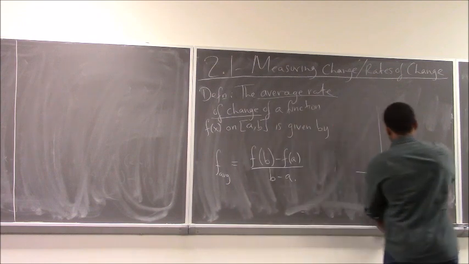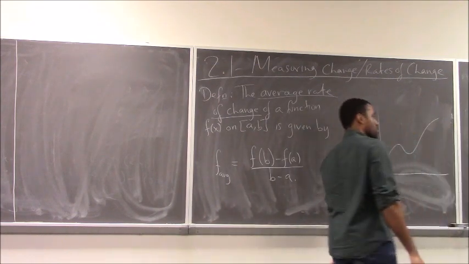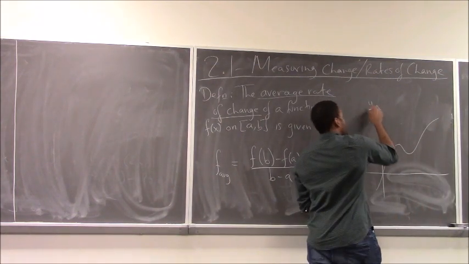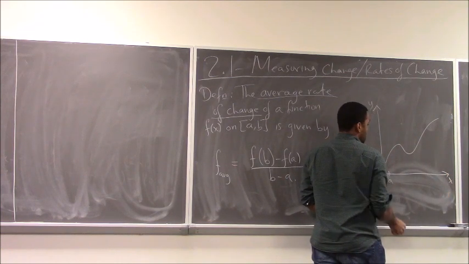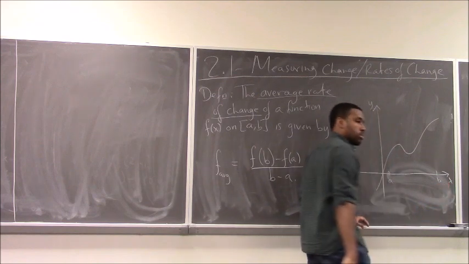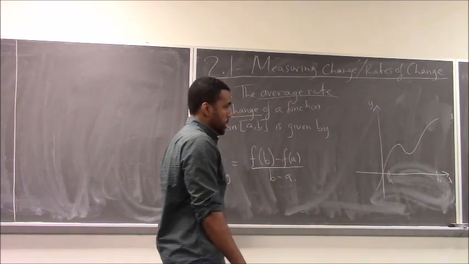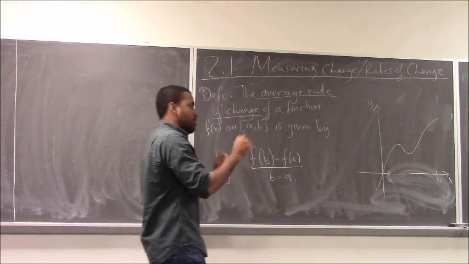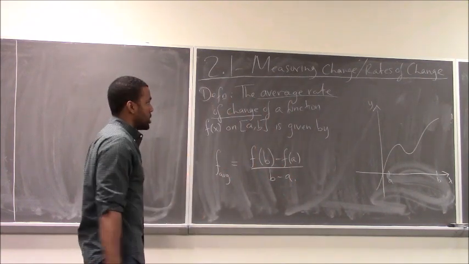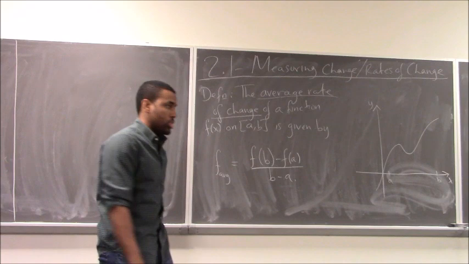So let's say your function is doing something weird. Right, it's doing whatever it wants to do. And you want to care about how this function is behaving on some interval a b. Right, so the interval is going to be given to you, and you want to examine the function. But you don't just want to examine it specifically at each point and know exactly what's changing. You want to know how does it change on average.